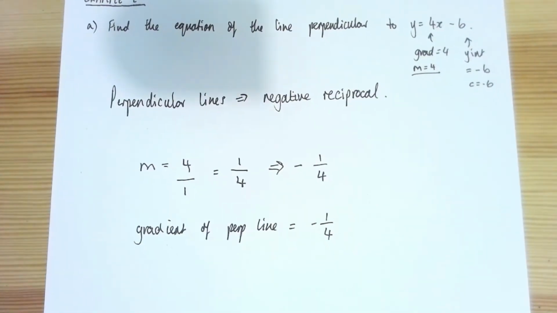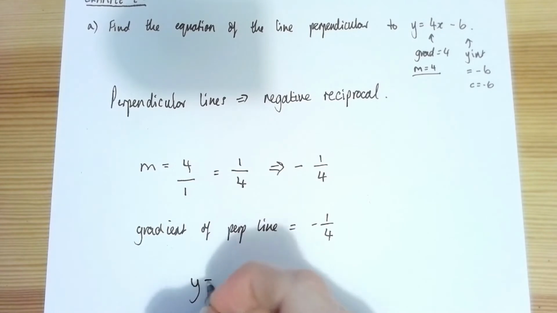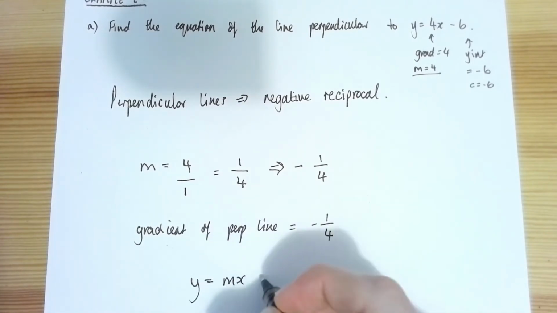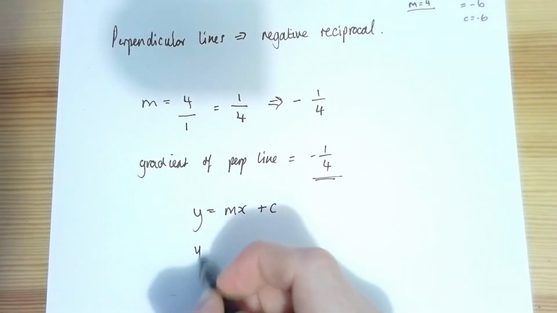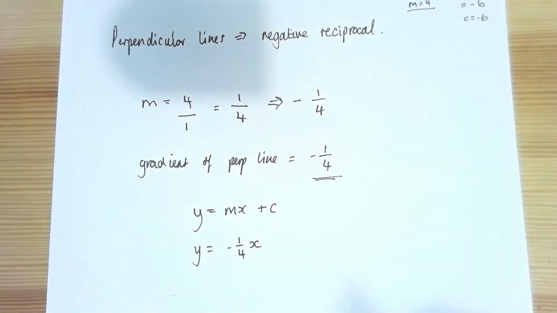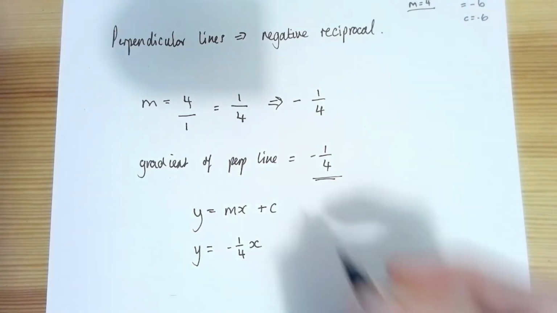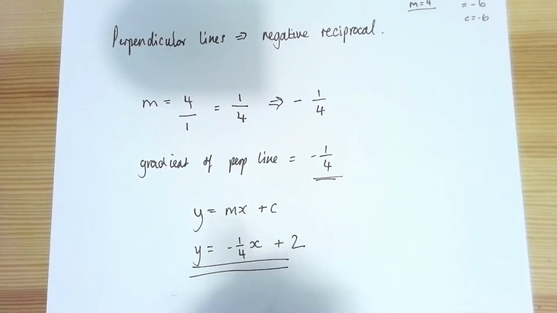And again, because we're not told any points that this perpendicular line crosses through, we're not going to know our c value. So we can just say that that's going to be y equals mx plus c in the form of a straight line. We know our gradient now is negative a quarter, so we can put that in as our m value. And then the c, again, we can just choose. So I'm just going to have 2. That is the final answer.